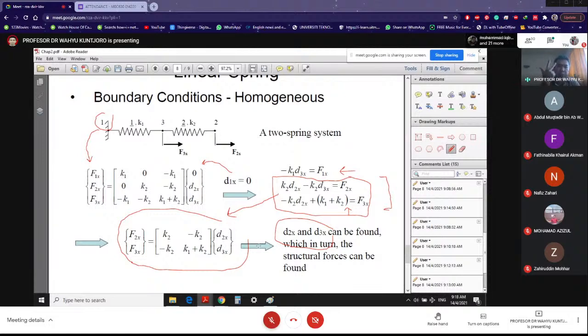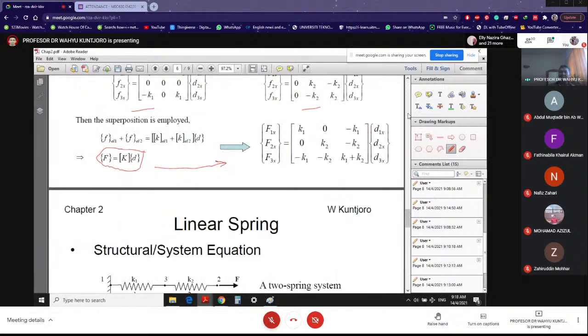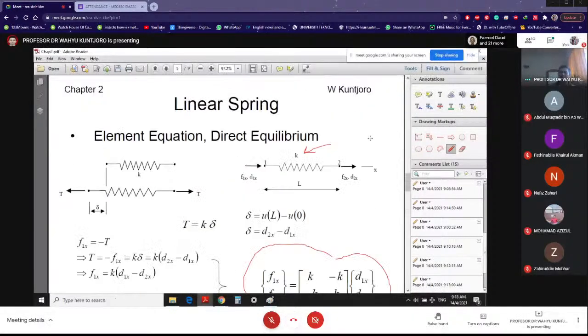Number three, what you need to find is internal forces at every element. So meaning now you need to use the equation for element number one to find the internal force of element number one. And the same for element number two. So what are those equations? That is the equation that you have learned.